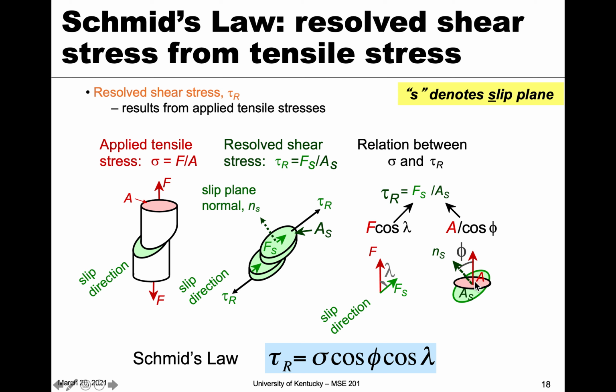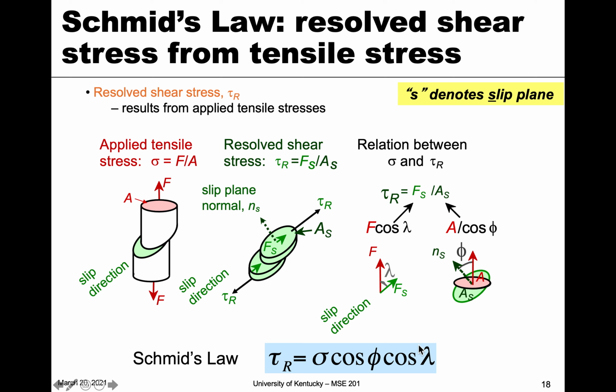So basically the angle between the planes. And then further multiplied by the cosine of lambda, which is the angle between the tensile force and the shear force. So the directions and the planes.